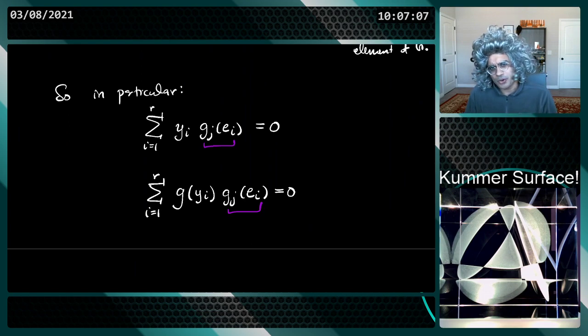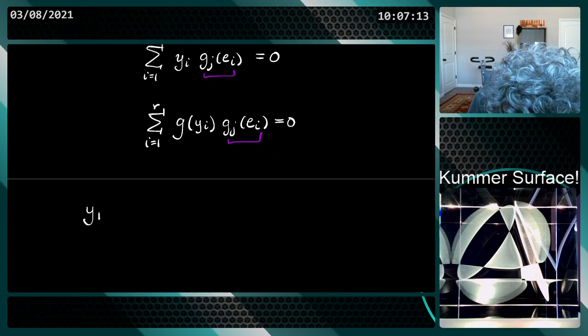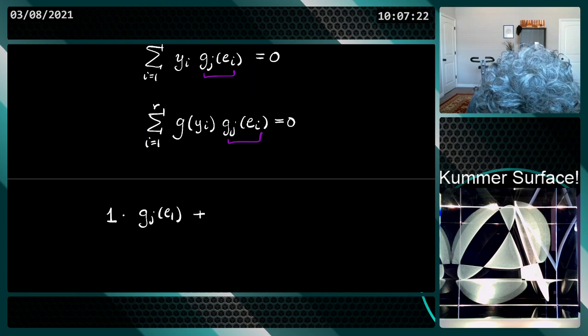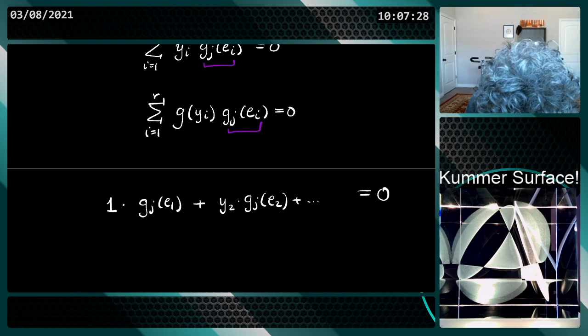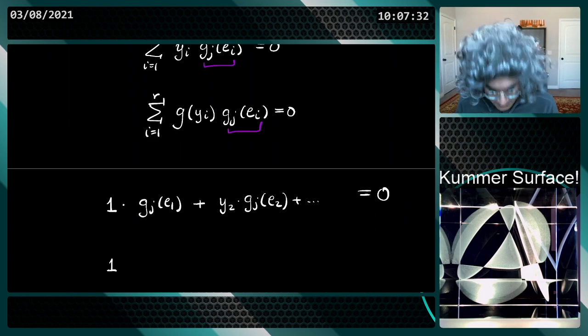And now I want you to focus on the first one. y1 is 1. So look, I'm going to write it out. 1 times, and you also have g of 1 is 1, 1 times.